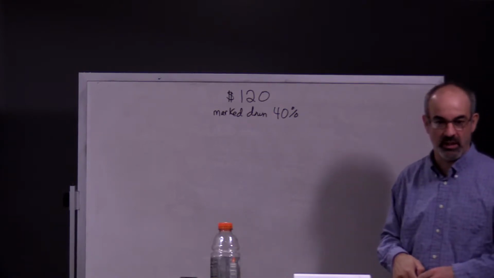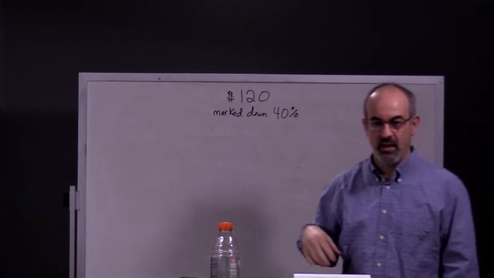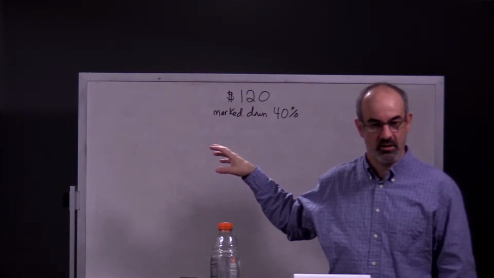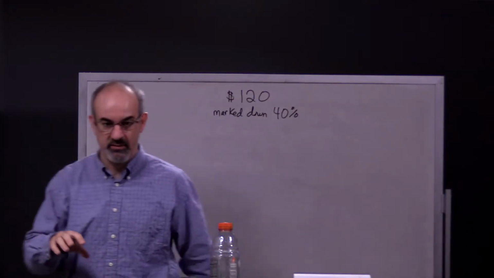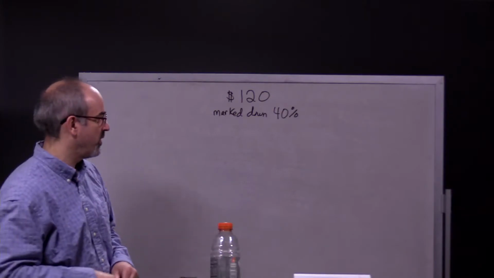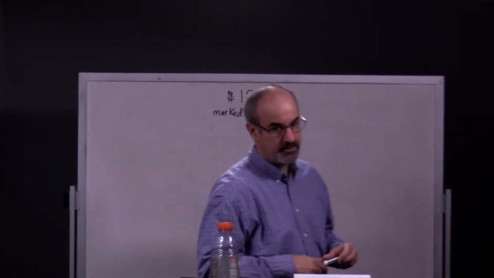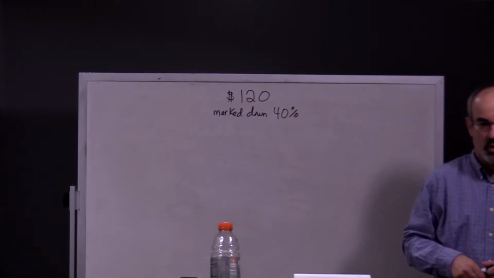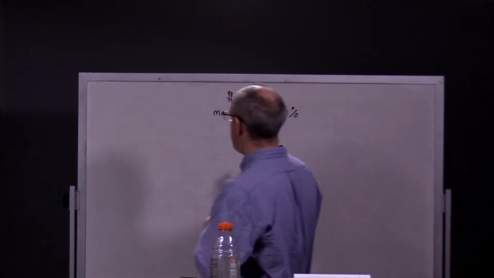Instead of having to change the price on everything, they have the old prices there, so this costs $120, and they just say everything's marked down 40%. So what is this item that you want going to cost now? All they have to do is figure out, these are called markdown problems, by the way.